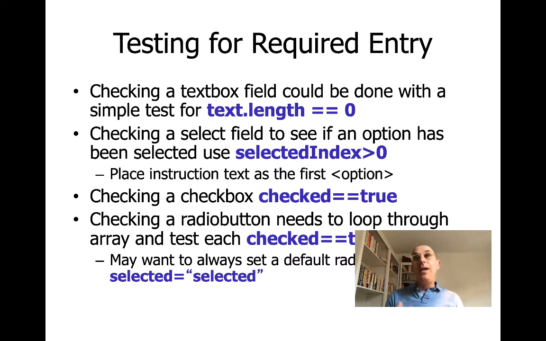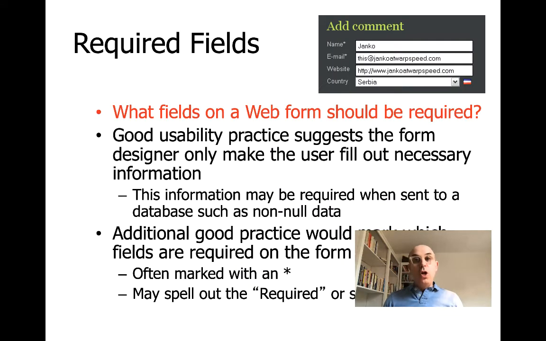And the same thing, if the user did not select one of the options that we gave him, we can call him back and say, you did not do that. And we can do a checked check, true, and for a radio button, we can also check to see if it's true. So this is part of the way to do it.